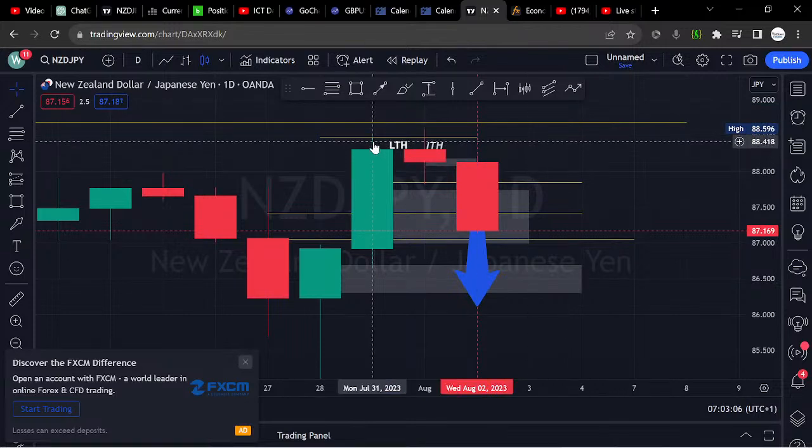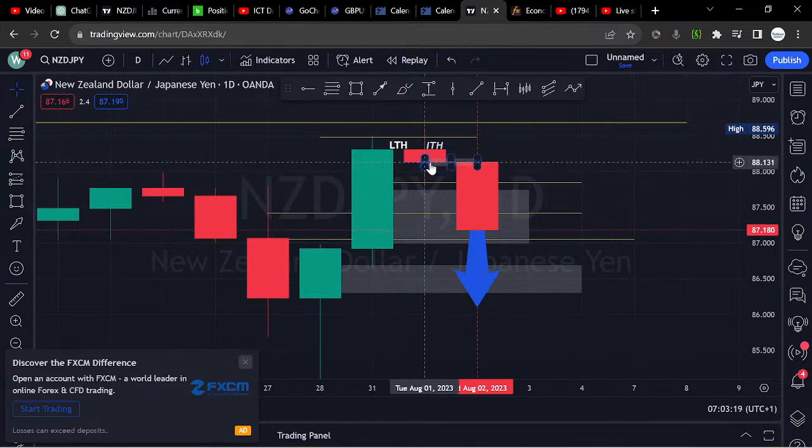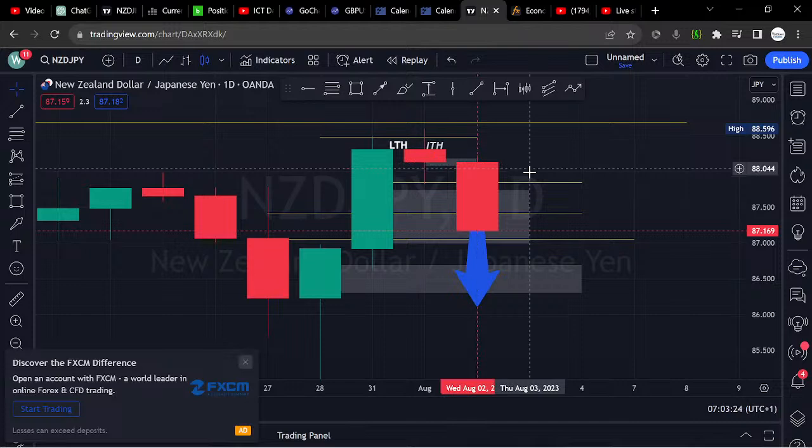This candle took out this day's high and failed to close above it, rather it closed within the range of this day. That spells bearishness. Another validation to it is the bearish news setup we had here, so that spells more bearishness.